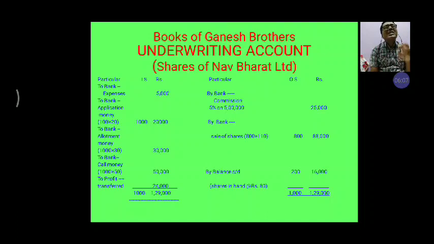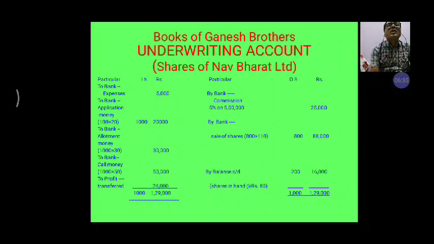The underwriter's expenses or the underwriter's income are taken in this account on the debit or credit side. So first of all we take to bank expenses. How many expenses? The expenses have been given in the problem, 5,000.